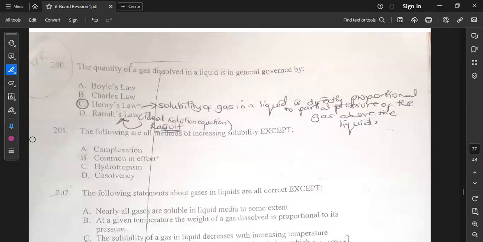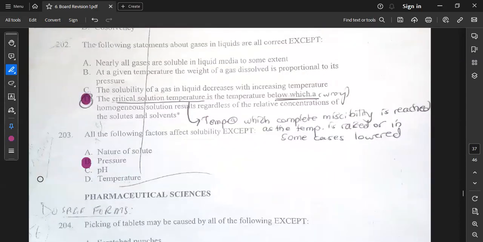Liz is asking, what if it's nature of solvent and not solute? But it says nature of solute. Liz, you can unmute and ask.